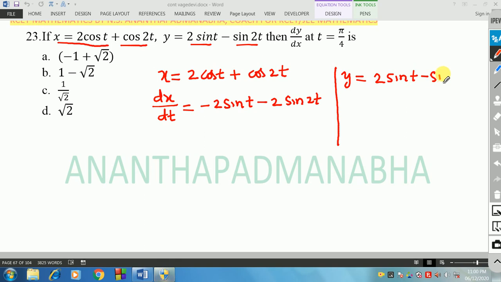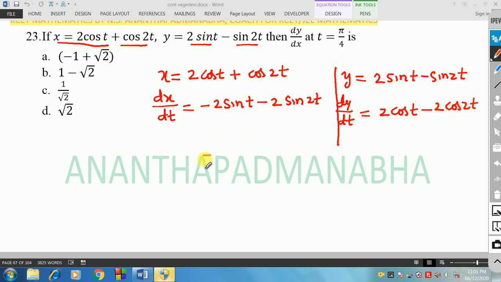Similarly, let us consider y is equal to 2 sin t minus sin 2t. So dy by dt is equal to 2 cos t here, derivative of sin t is cos t, minus derivative of sin 2t is 2 cos 2t.